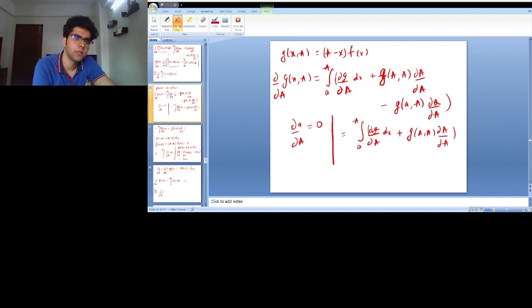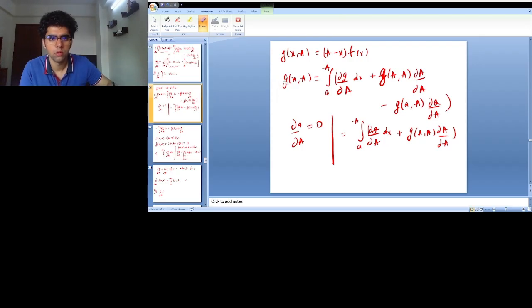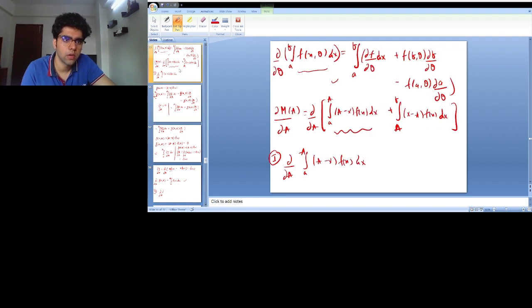Here I represented this incorrectly. My g(x, a) was a minus x, so I need to erase this. I don't have enough space. This was the integral from small a to capital A with respect to a, right? Applying this formula will give me this. You can just see this formula, right?